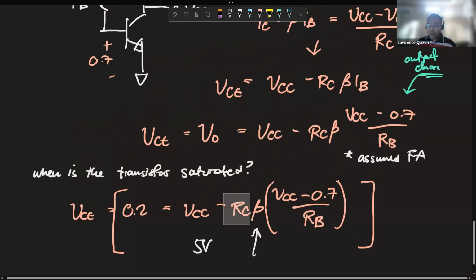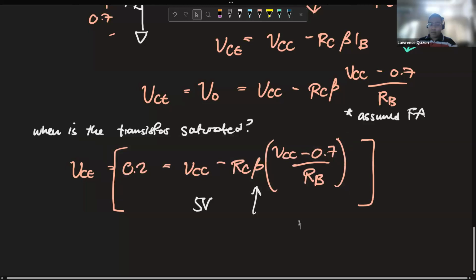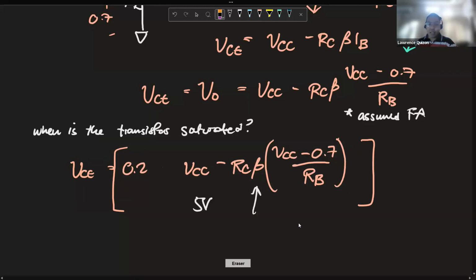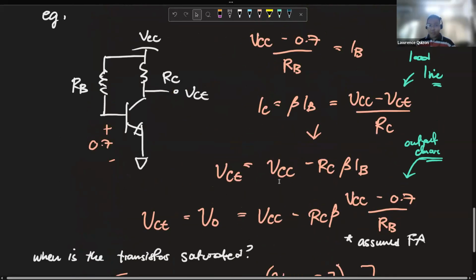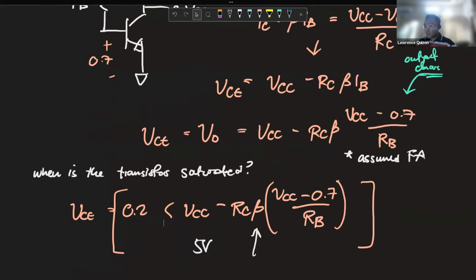You have to make sure that the choices of RC and RB will not put your transistor out of forward active. So this thing must be greater than 0.2. That's our saturation condition. So these are example problems of what you could encounter for biasing.